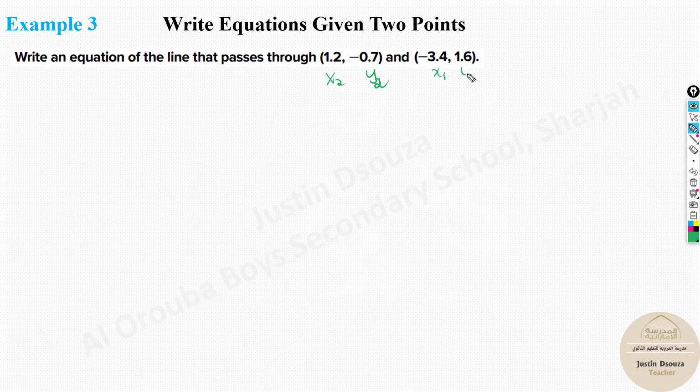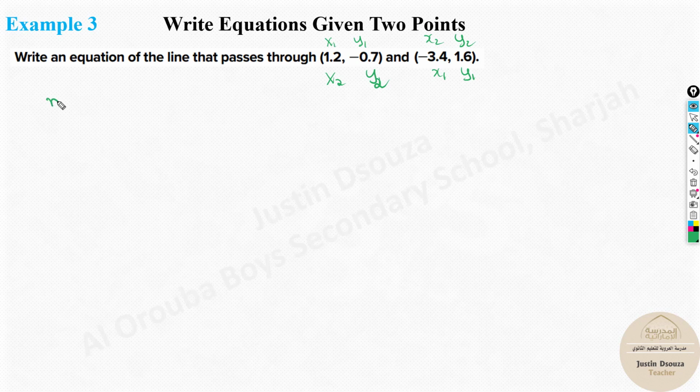This can be x1, y1. You can put this as x1, y1, then the next one will be x2 and y2. It's up to you. Most important thing is which you select first. If you choose this as 1, the next pair should be 1 and 1 only. You can't change that. This is very important.